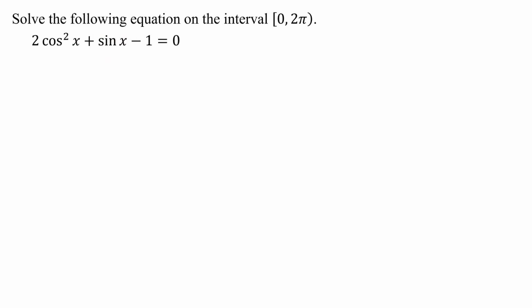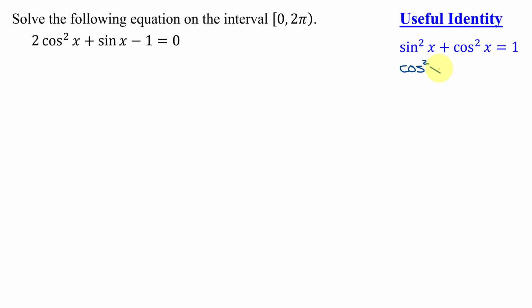So I'm going to need to use the Pythagorean identity sine squared x plus cosine squared x equals 1. And from this identity, we know that cosine squared x is equal to just 1 minus sine squared x.